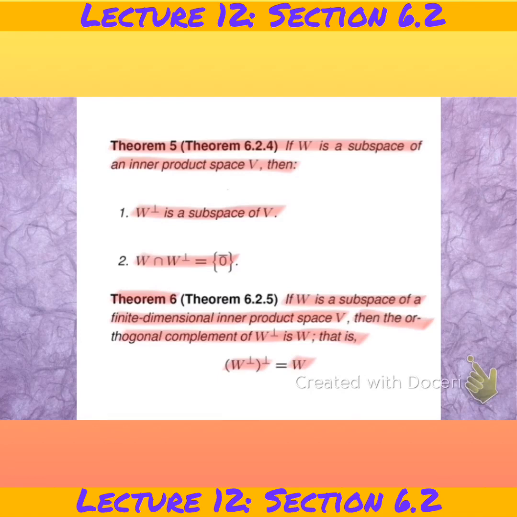We did look at this briefly, but we will look at this in detail a little bit later in chapter 6.